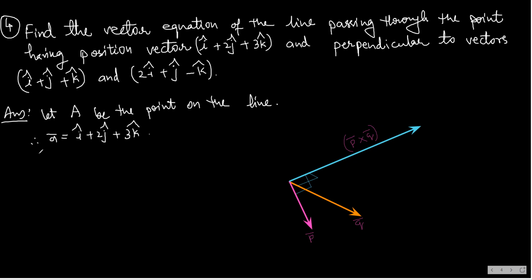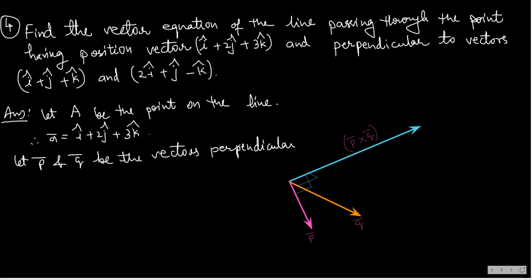Next, I will write let P bar and Q bar be the vectors perpendicular to the line. See, they give me two vectors perpendicular to the line.